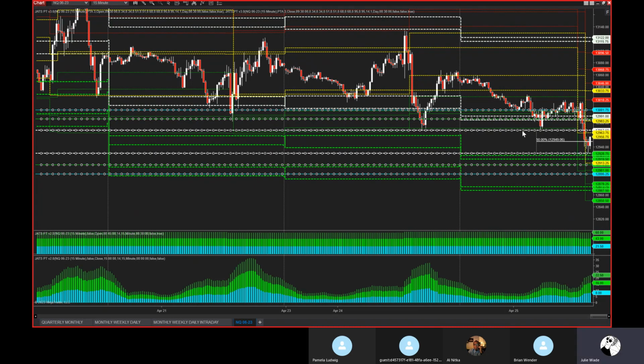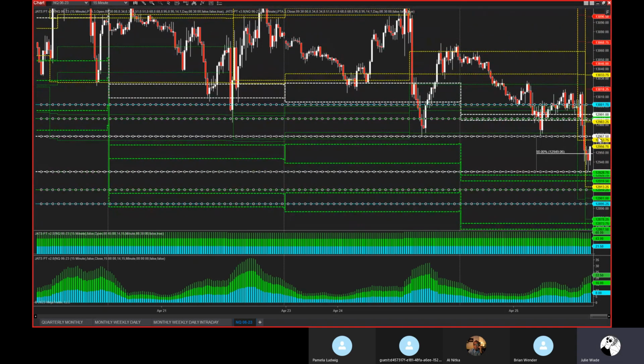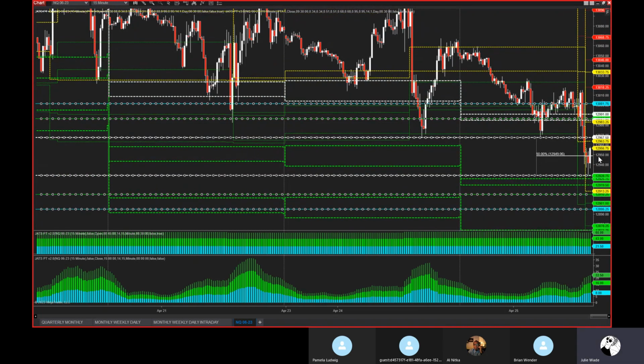Right now we're going back up to the upper end of this range, 63 to 67.50.